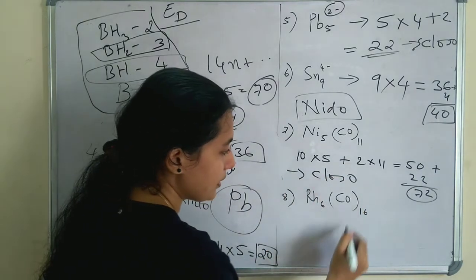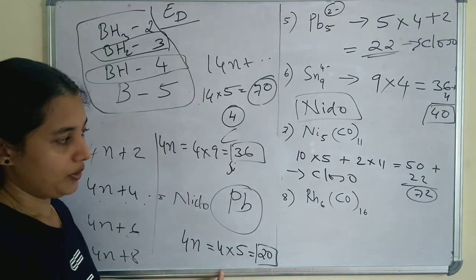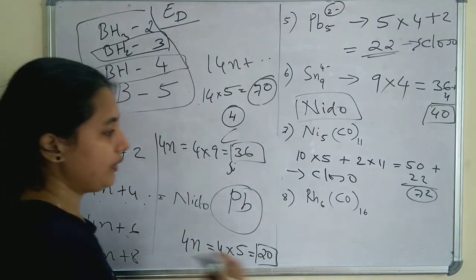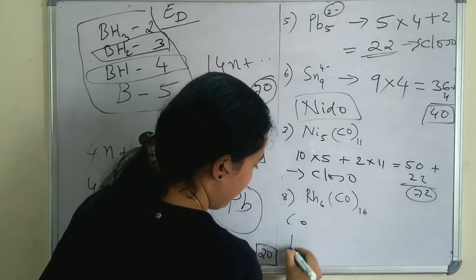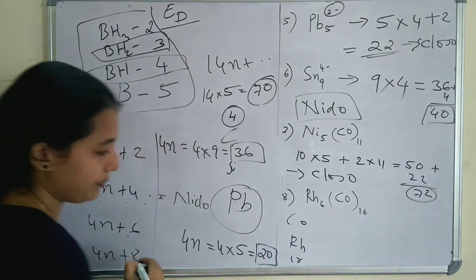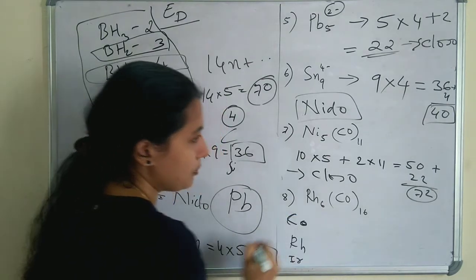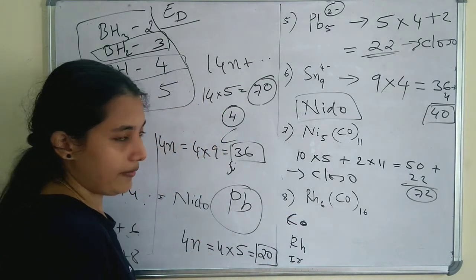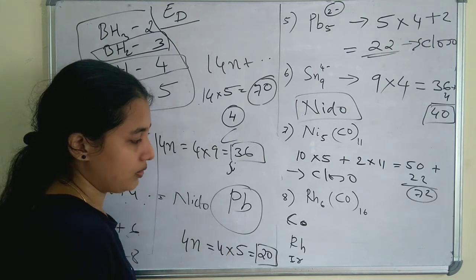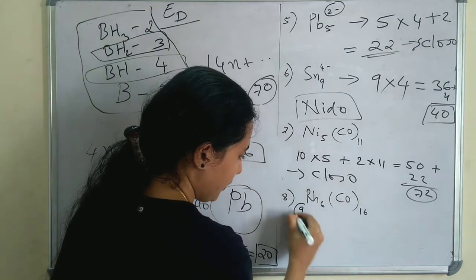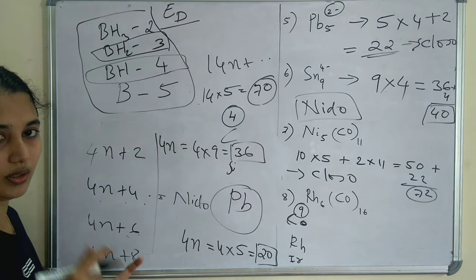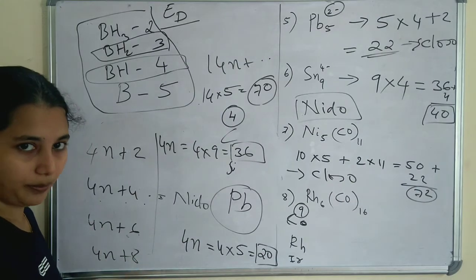Now Rh6(CO)16. Rhodium is in the cobalt family: cobalt, rhodium, iridium. Cobalt's atomic number is 27, 2 plus 7, 9 electrons. So 9 electrons are donated by rhodium.